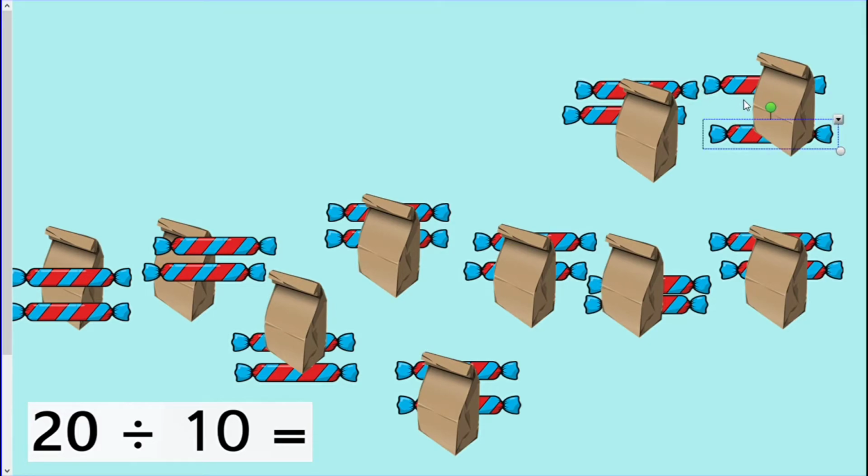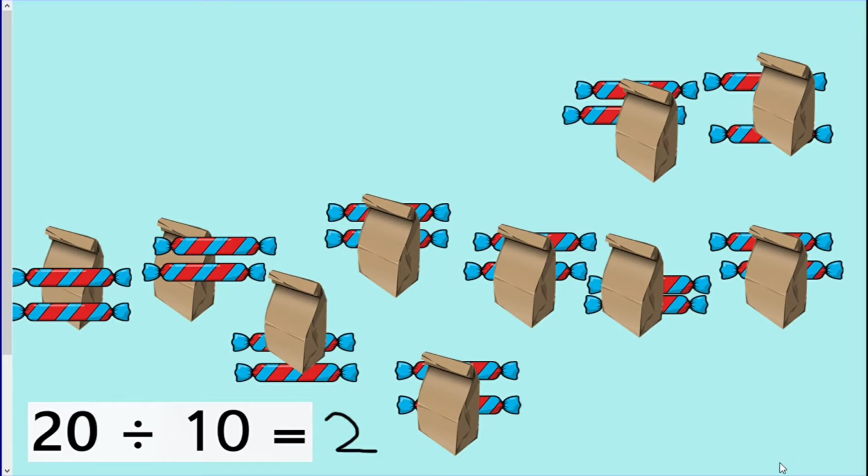Right, each bag here has now got 2. So actually, 20 divided by 10 equals, let me get my pen out, equals 2. I hope that's clear, guys.